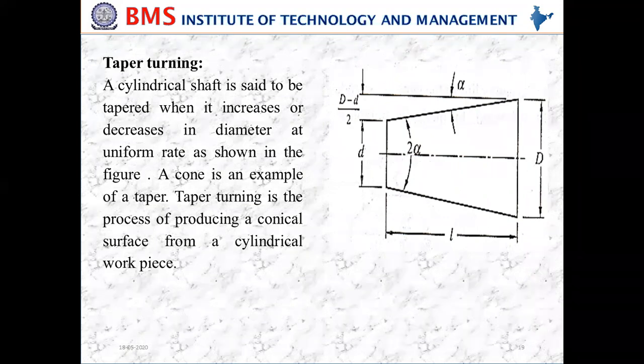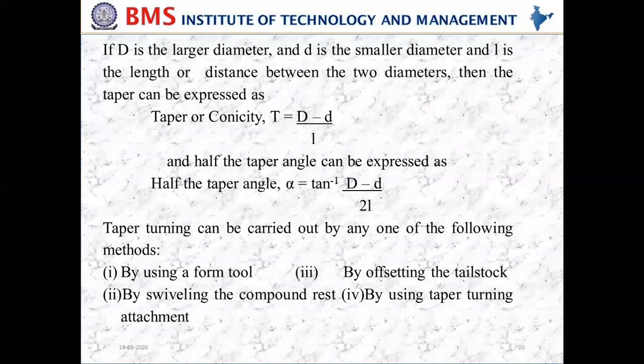This is produced when the cutting tool moves at an angle of alpha to the axis of rotation of the workpiece. There are four methods: swiveling the compound rest, offsetting the tailstock, the taper turning attachment, and finally the form tool method.